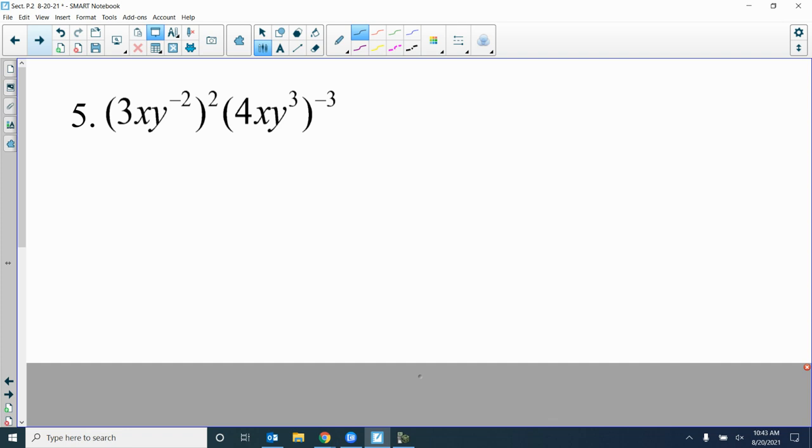Here's what I feel would be a little bit easier. When you got a negative power on the outside of parentheses, I would go ahead and move that to the denominator. So this first piece will not change. I'm going to make it 3x y to the -2nd to the 2nd power. And I'm going to move that whole thing down below. And when you do that, you just change that exponent on the outside.